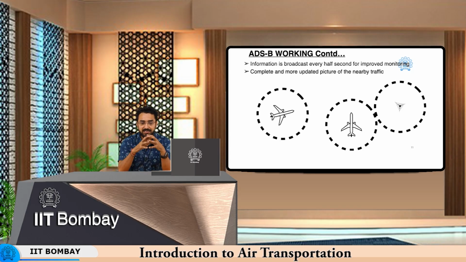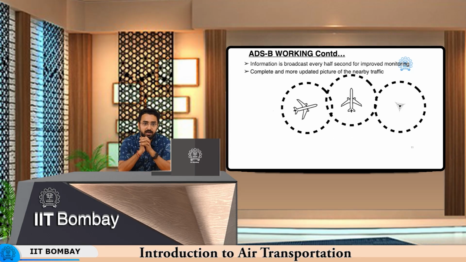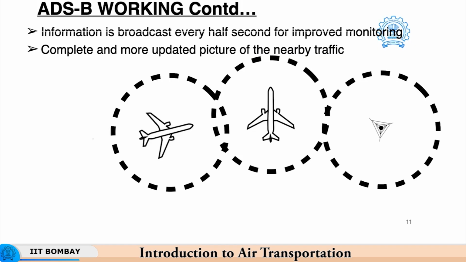Now, because these are simultaneously updated and broadcasted continuously, a more complete and updated picture of the nearby airspace can be obtained by both the aircraft as well as the ATC control units.